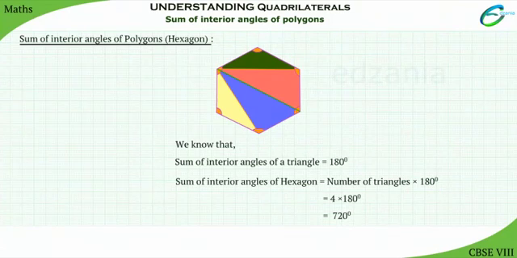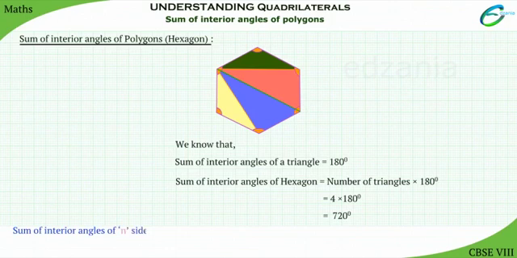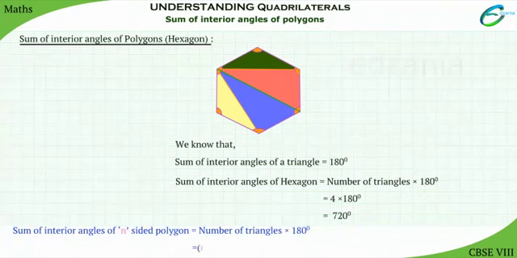What is the formula for the number of triangles for an n-sided polygon? n minus 2. So, the sum of interior angles of an n-sided polygon is equal to the number of triangles times 180 degrees, which is equal to (n minus 2) times 180 degrees.